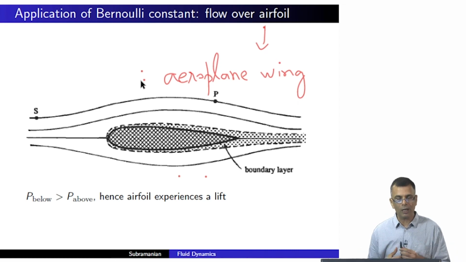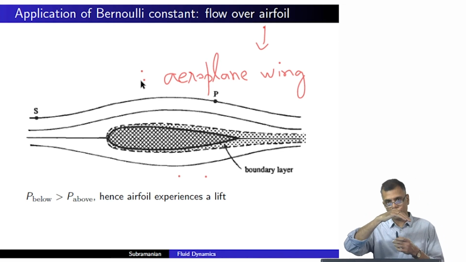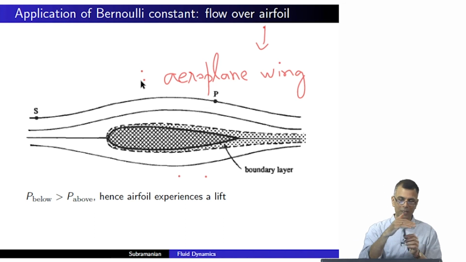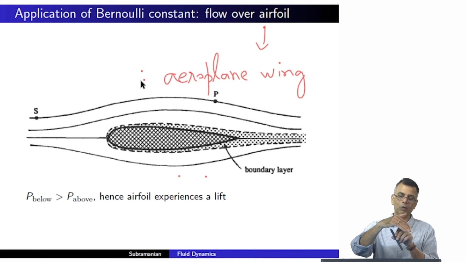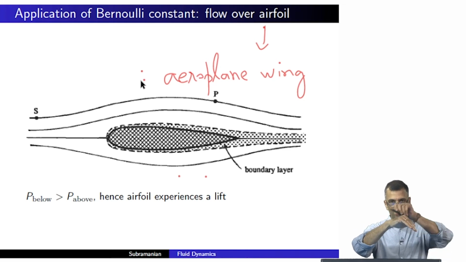Okay, so this is how airplanes are able to fly. This is how the wing of an airplane experiences a lift, simply because it's designed in such a manner that you force the air to flow. It's cupped like this, and therefore the air at the bottom flows a little slower than the air at the top.